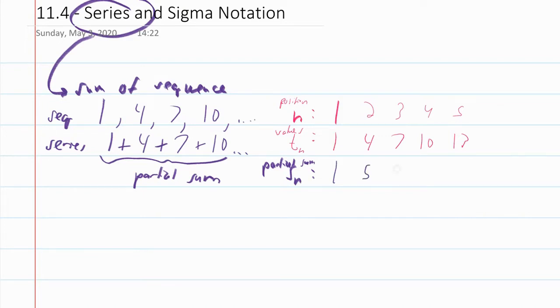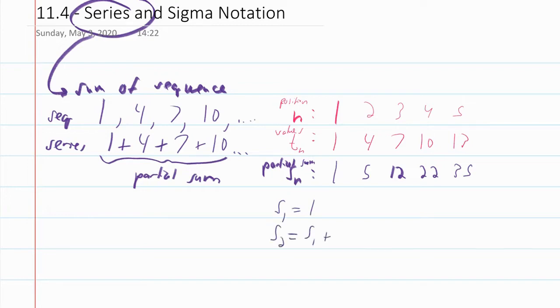S sub 3 would be the first term plus the second term plus the new term. That would be 12. Then S sub 4 would be adding the fourth term, which would be 10, plus 12 would be 22. And then we would add the fifth term to get to the next one, which would give me 35.